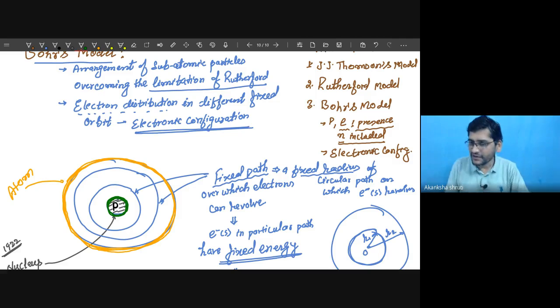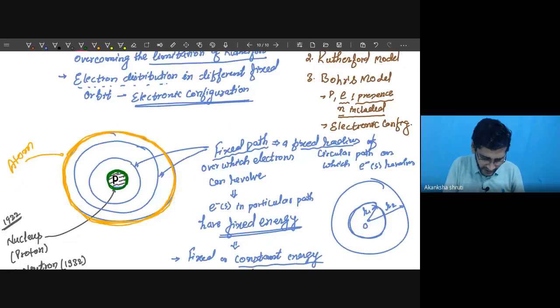This was discovered by Rutherford. So in this Rutherford model, everything up to this much is as it is. The additional thing Rutherford had given was that electrons are revolving over this.